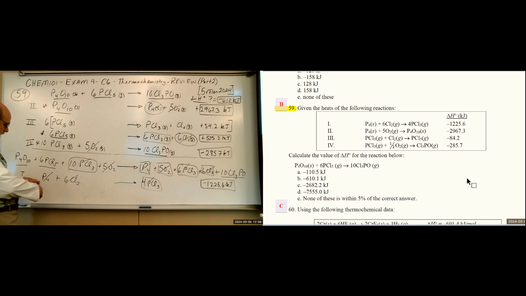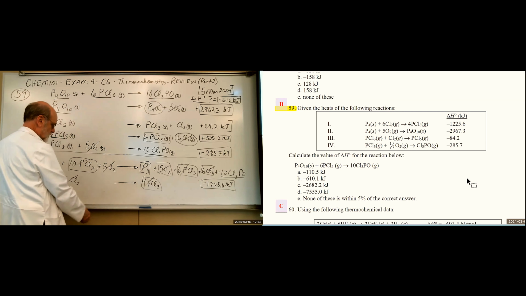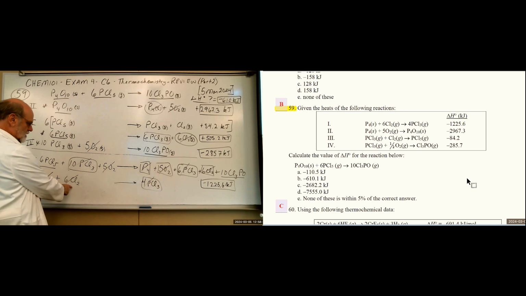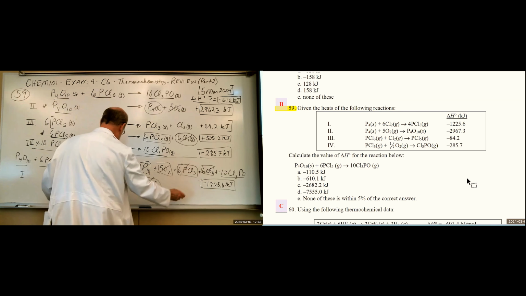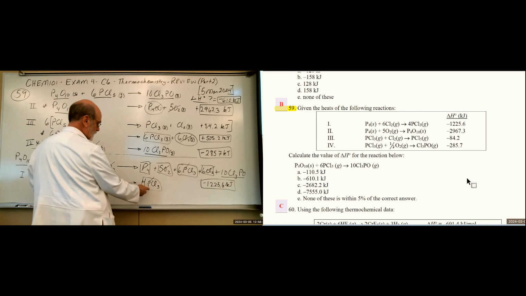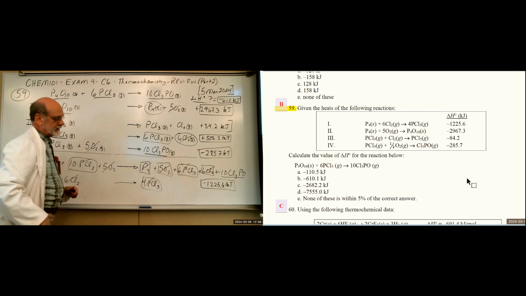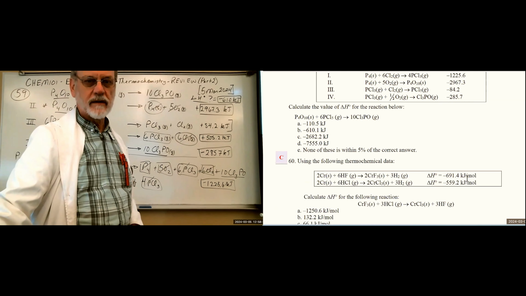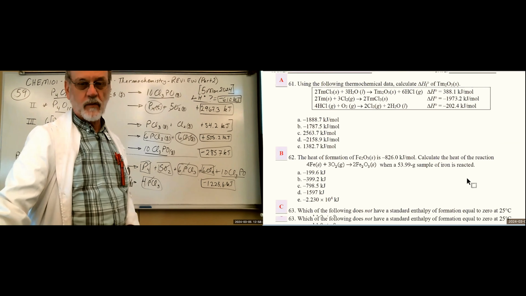And it allowed us to cancel those terms, and chlorines, those terms, and the PCl3 from here to here. All right, that was a bear. I made it worse than it was actually.